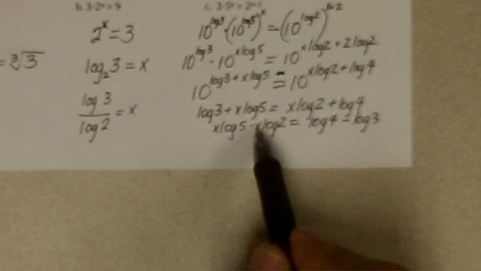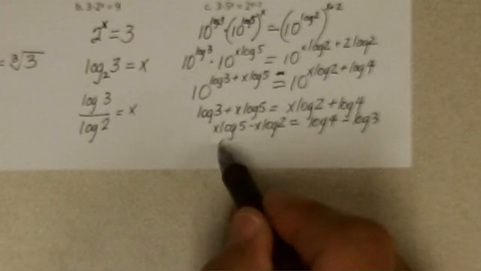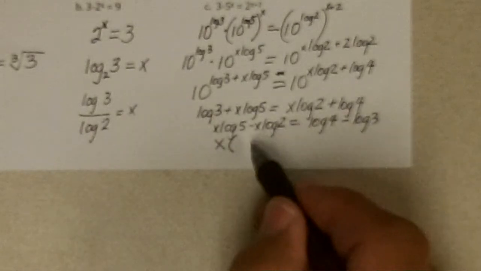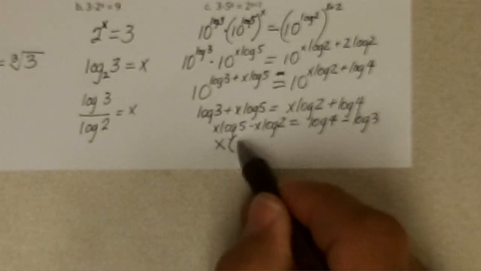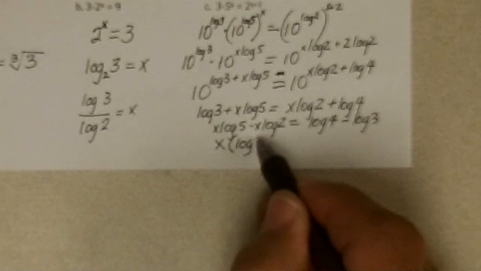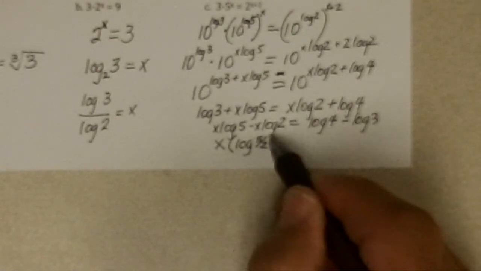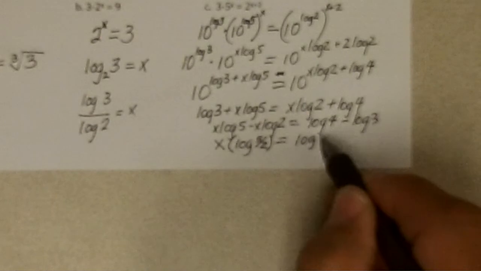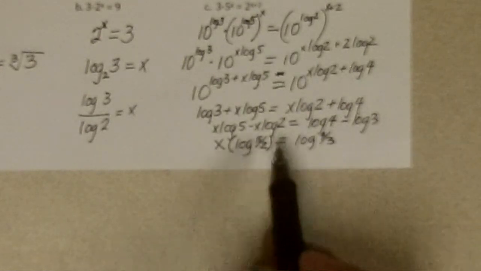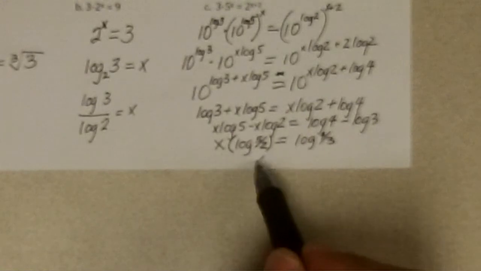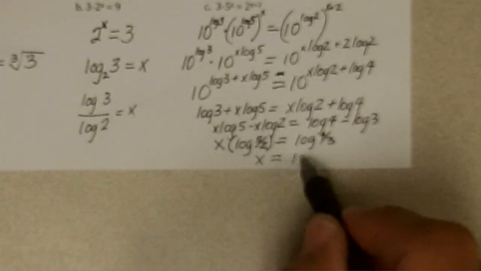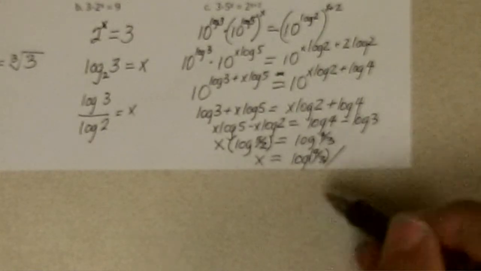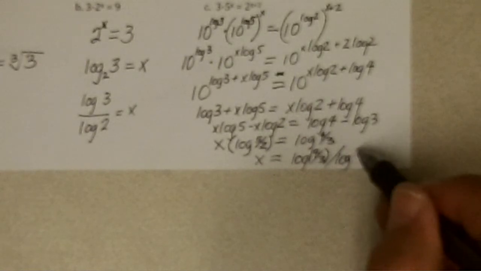Alright, now I can factor the x out of this, and I'll have x, and log 5 minus log 2 would be left, and that can be written, the minus would be a division, so it's the log of 5 divided by 2, or 2.5, equals, and here's subtraction, so that would be log of 4/3. And so then I just divide by log of 5/2, and I get x equals log of 4/3 divided by log of 5/2.